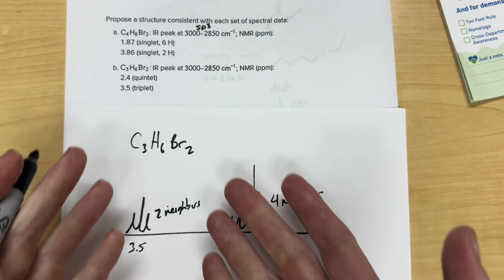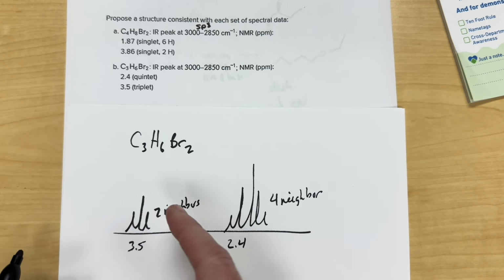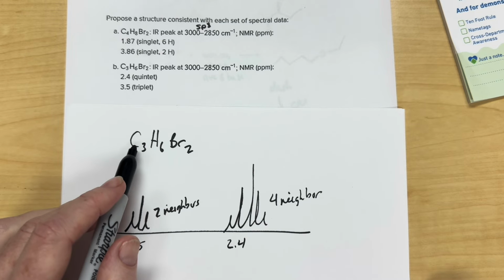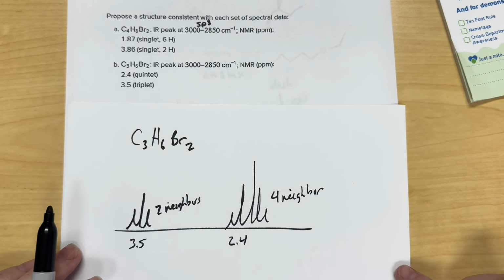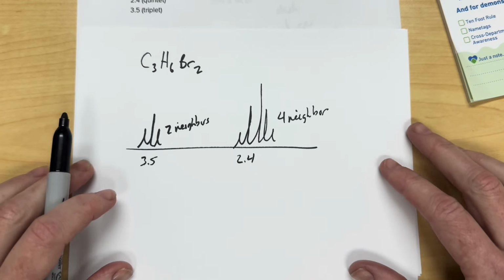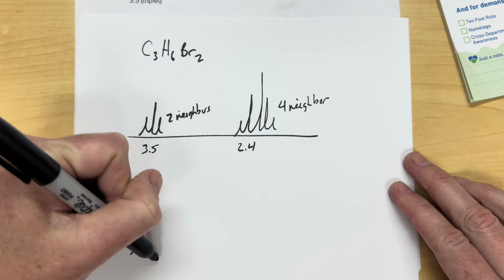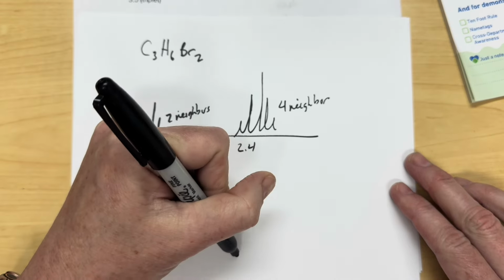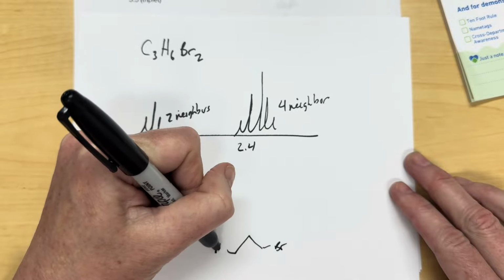Okay, but it doesn't tell you the hydrogen numbers, right? It doesn't say, hey, if we're focused on this one, how many hydrogens are on it? But there aren't too many possibilities with C3H6, so it really wasn't necessary. Let's talk about a few possibilities before we go into solving this. For example, you could have a bromine here and a bromine here.